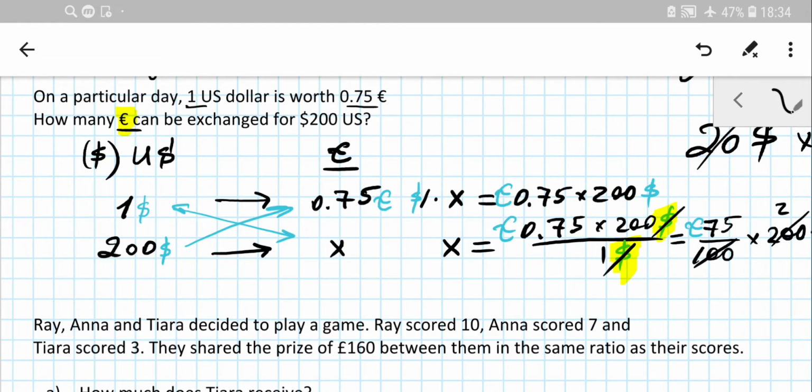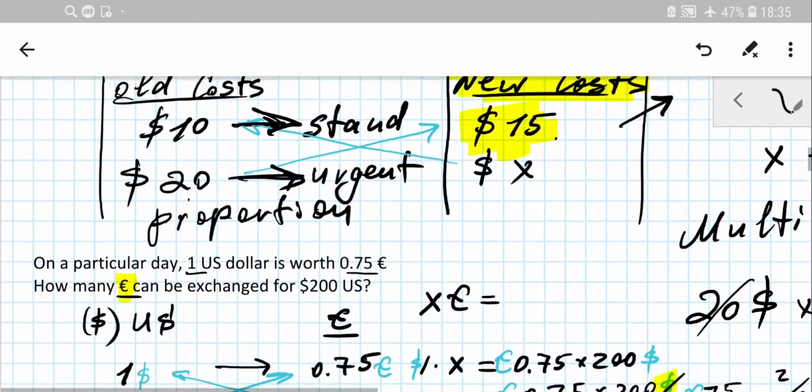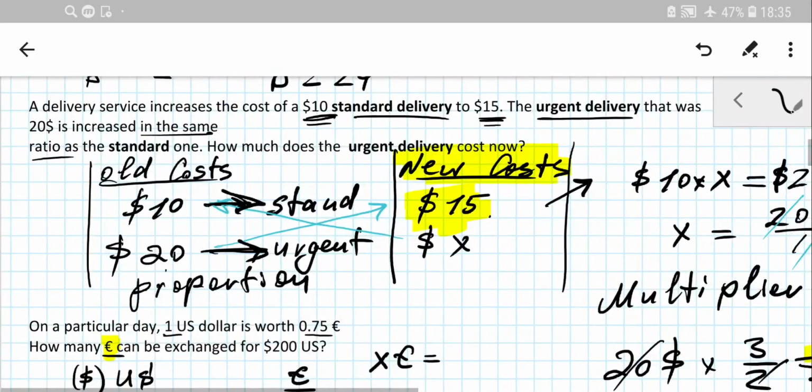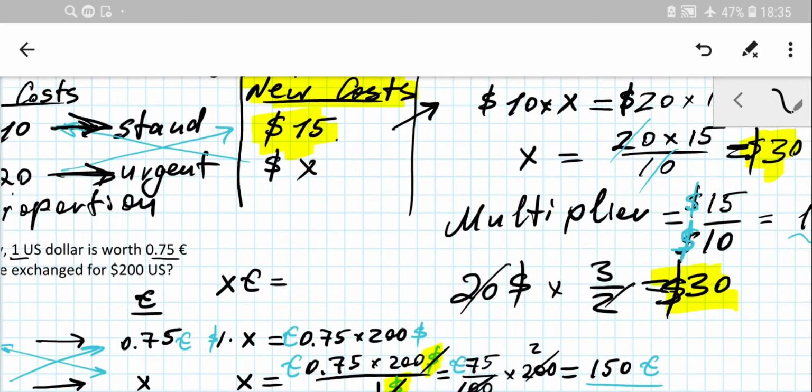However, it's maybe a bit longer. I'll show you for those who understand the idea. I show you the way of units. So look, you want to get some X euros, right? Obviously, because you have an exchange, you have the same ratio as in the previous example, right? You have sort of a multiplier.